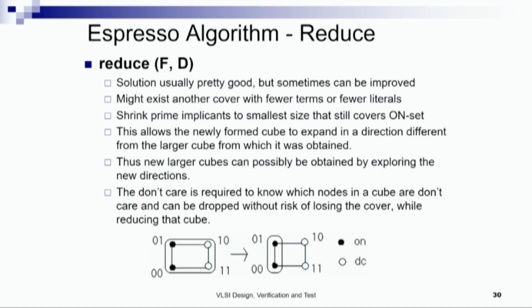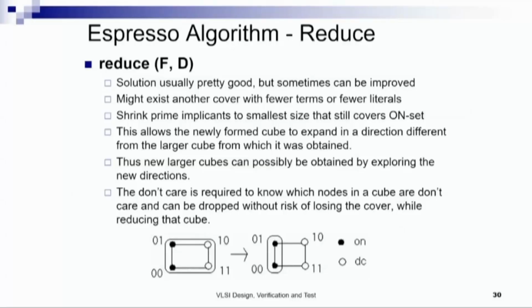Hence often, after we have obtained one solution, the solution can still be made better. There might exist another cover with fewer minterms and fewer literals. So what do we do? We shrink prime implicants to the smallest size that still covers the onset.